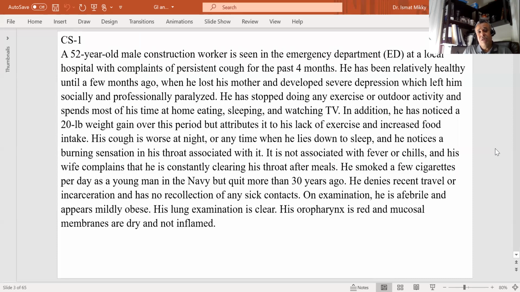So, going to the case study. A patient, 52 years old, a construction worker, had complaints of a persistent cough for the past 4 months.